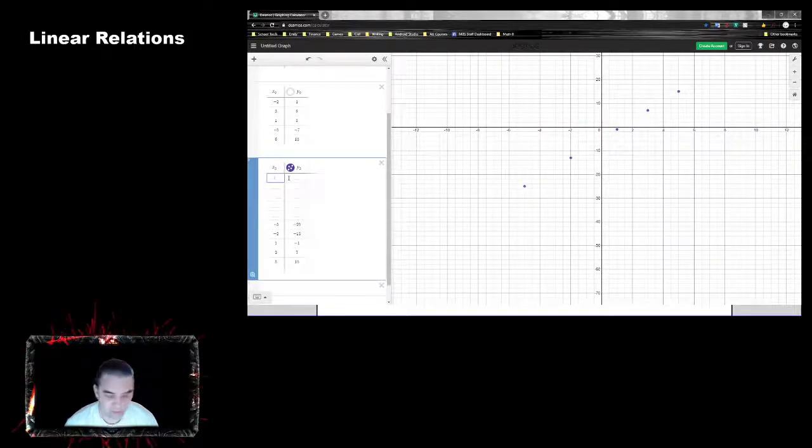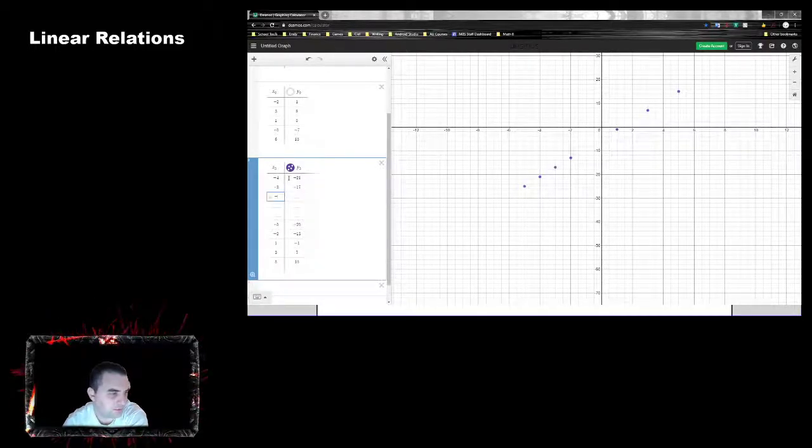So let's see, what would I expect? I can actually put new plots in from what I would expect. That might be a better way to do it with Desmos. So let's try that. If it was minus 5, then minus 4, if it was the same step, it would increase by 4, so it would be minus 21. Here's a smarter way for sure. Minus 3, that would now be minus 17.